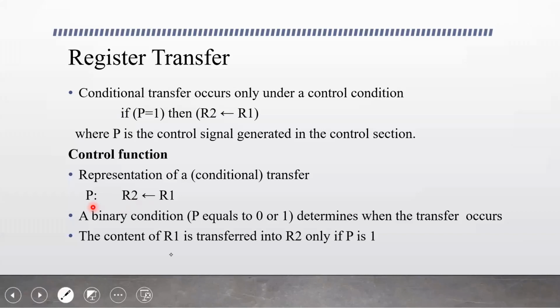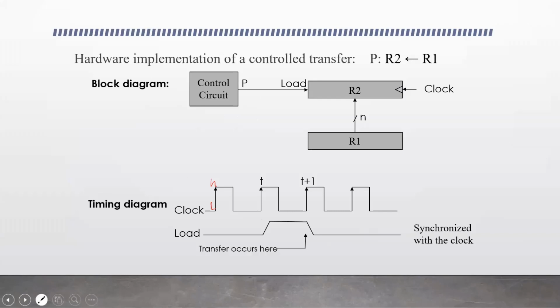This is implemented this way. There are n bits in the registers R1 and R2, so n outputs are connected to R2. When the actual load input happens into R2, the data from R1 needs to be loaded into the register.